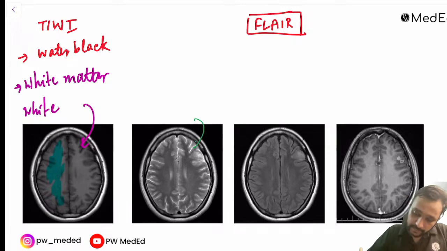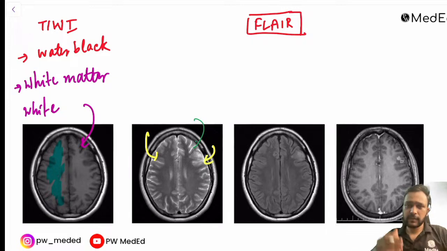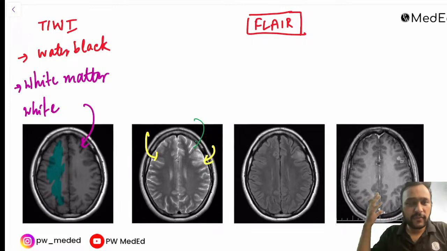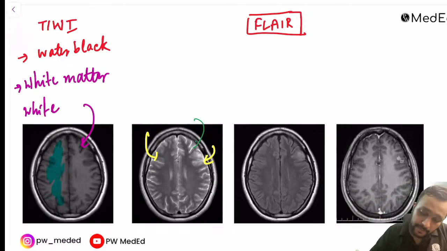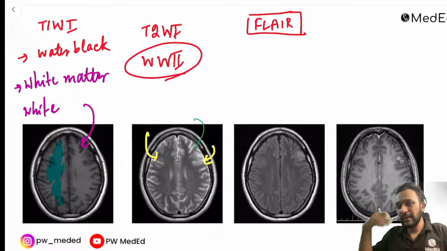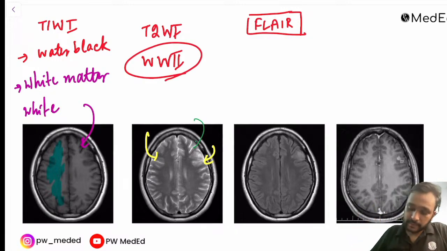Now if you look at the second image, we can see that the sulcal spaces are appearing hyperintense because they have CSF within them, right? And because CSF is appearing bright here, it is a T2 weighted image. Mnemonic is very simple: World War II, water appears white on T2 weighted images. And what is the full form of FLAIR? Fluid attenuation inversion recovery sequence.